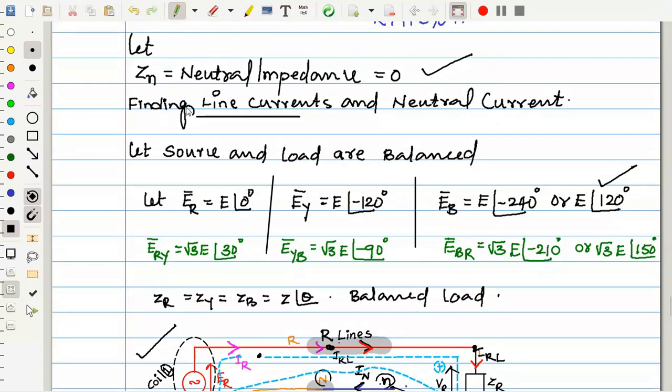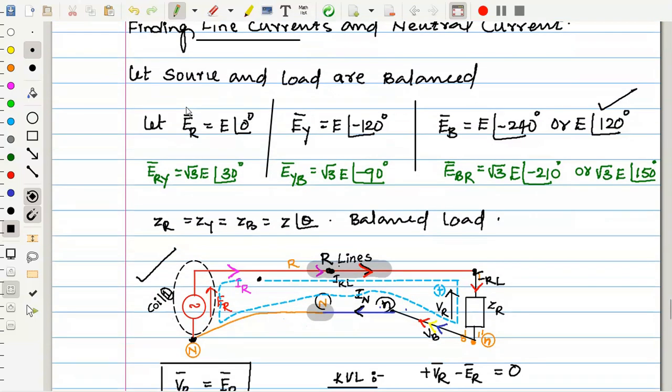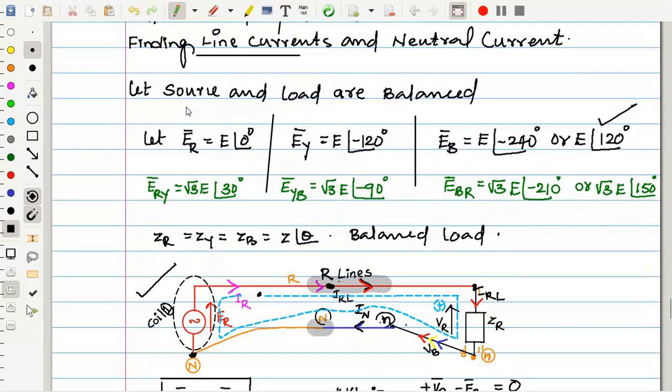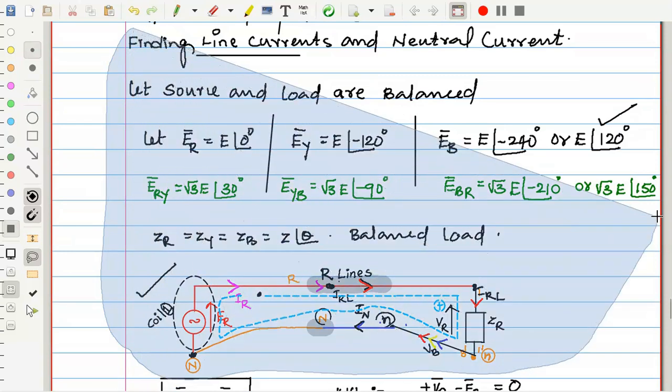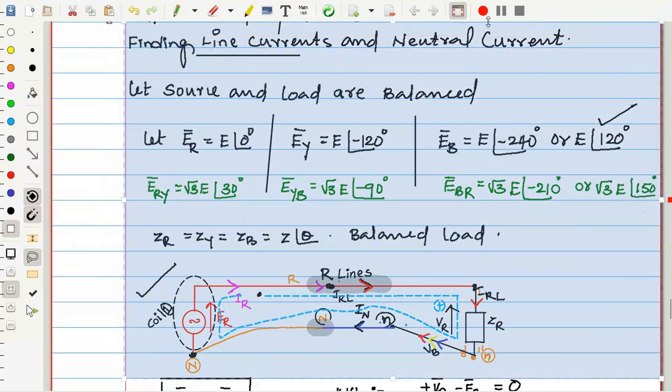So let me copy almost up to this portion. The objective is the same. This entire thing is the same. The diagram is also more or less the same, with a slight modification. I will show that modification also.